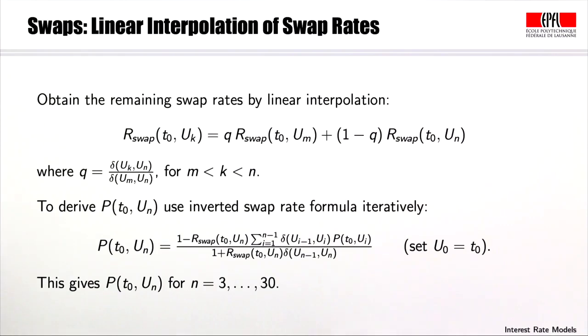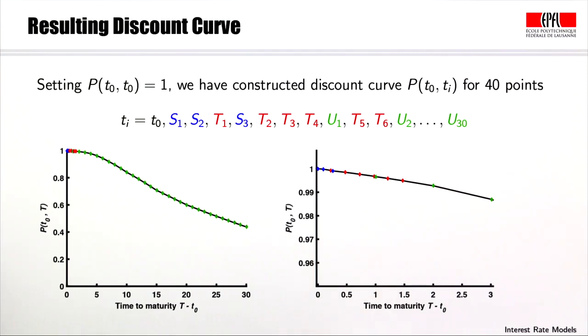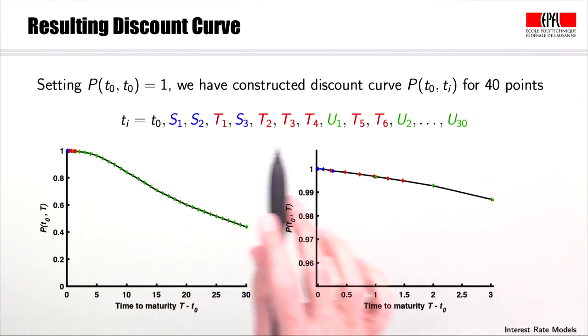We eventually obtain the U_n bond prices for all the remaining maturities n from 3 to 30. Setting the initial value of the discount curve equal to 1, we thus have constructed the discount curve for 40 maturity time points, as shown here.